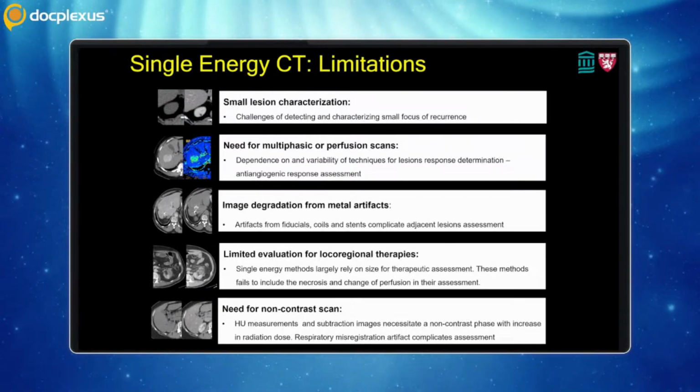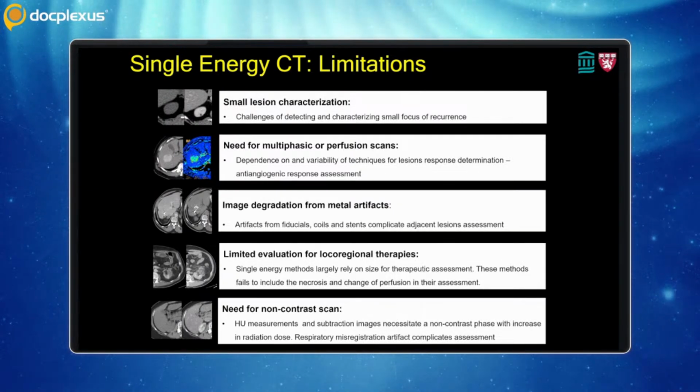Limitations include inability to characterize small lesions, need for multiphasic or perfusion scan for determining response or tissue characterization, degradation of images from metal artifacts, which can complicate lesion assessment, a limited evaluation for local regional therapies, where a single phase may not be useful. We might need to acquire non-contrast scans, which is another limitation of single energy CT, which could lead to increased radiation dose.